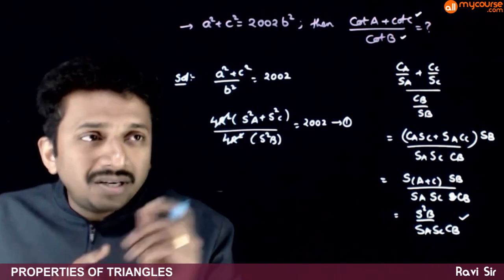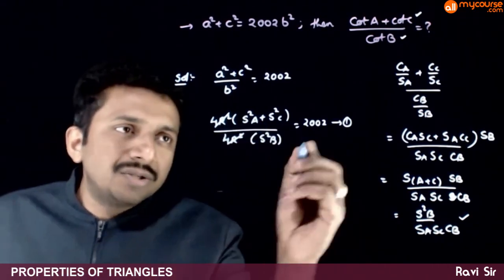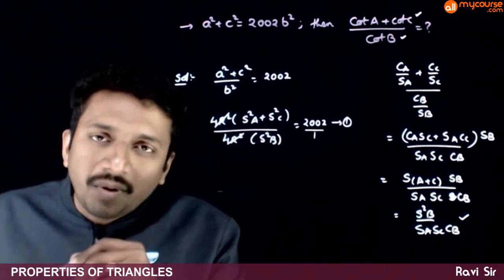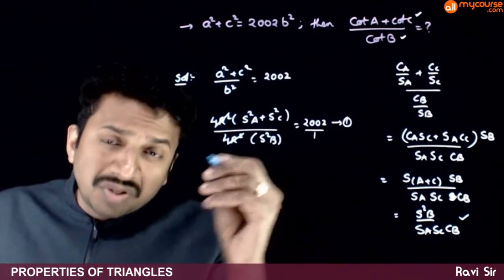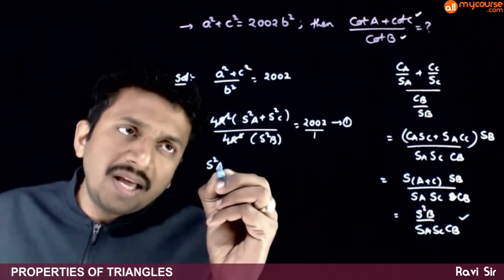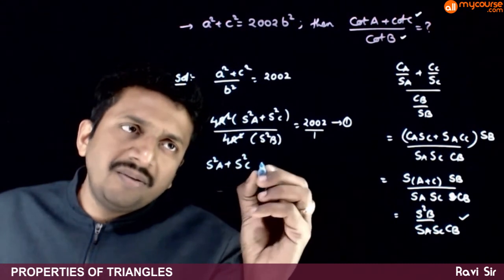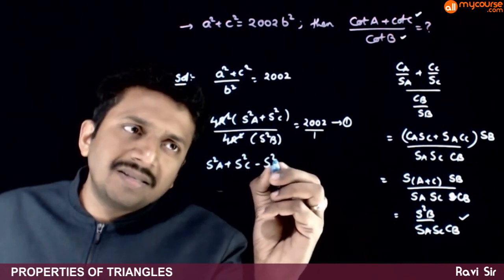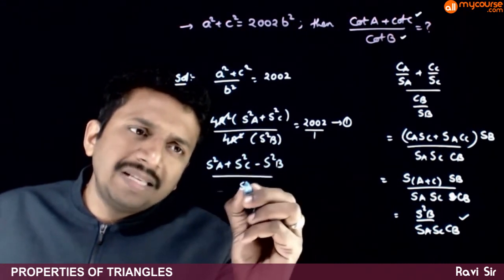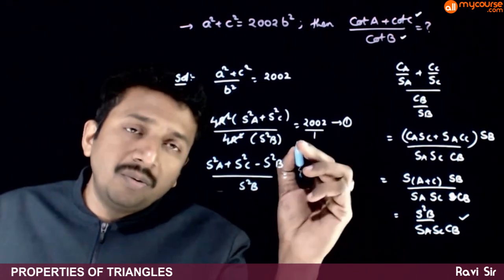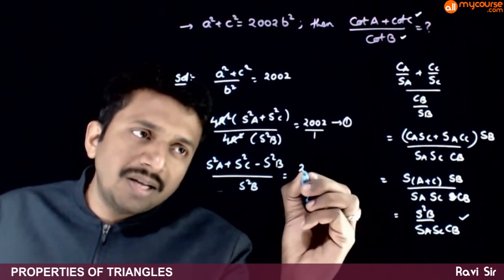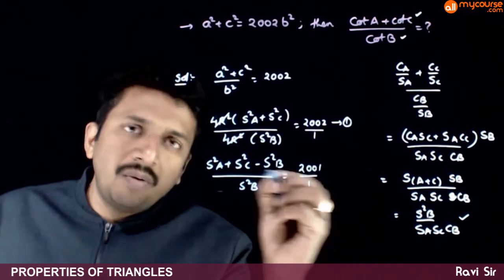So I'll try to convert this into a conditional identity. So this is 2002 by 1. I'll use dividendo, that is (sine square A plus sine square C minus sine square B) by sine square B is equal to 2002 minus 1, that is 2001 by 1.